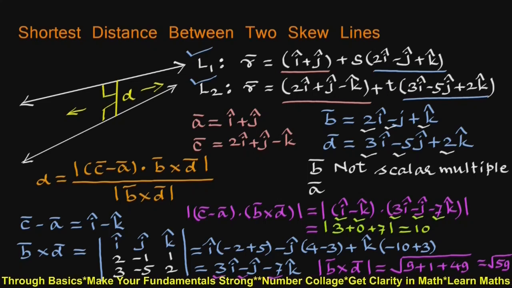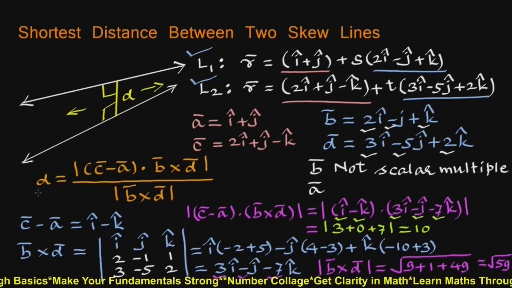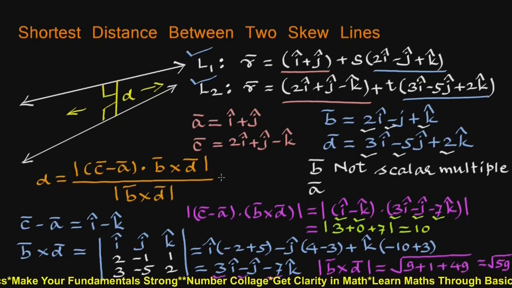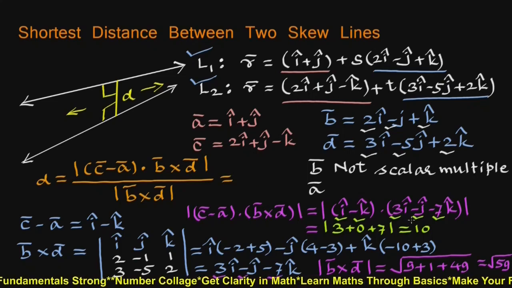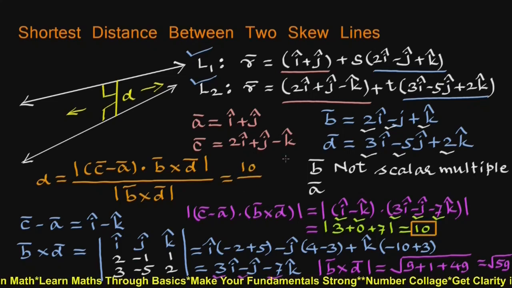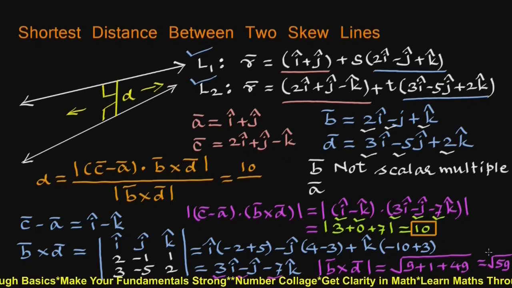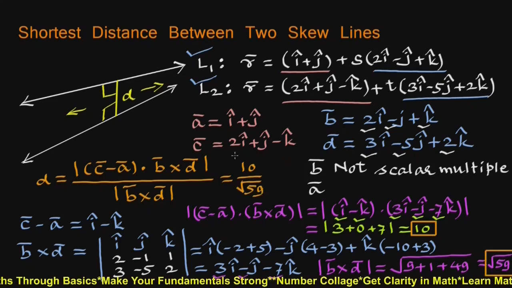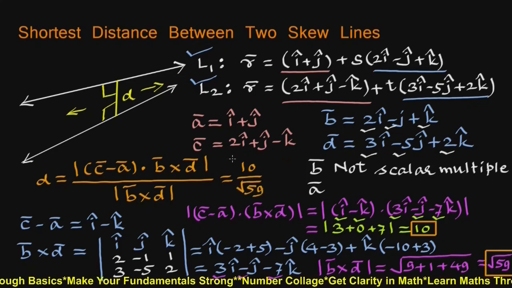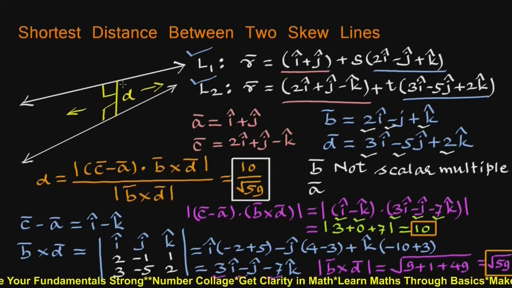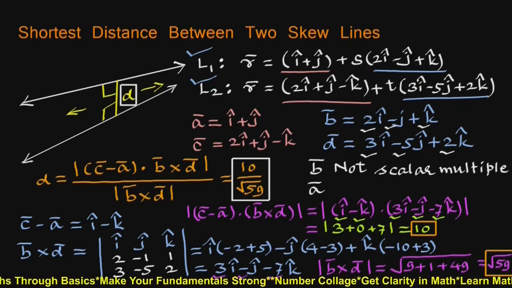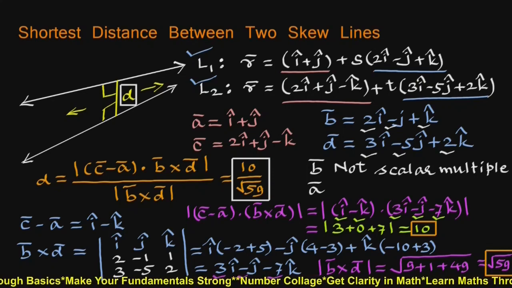Now we substitute the values to find the shortest distance D here. The numerator we got is 10 and the denominator we got is root 59. So 10 upon root 59 is the shortest distance D between skew lines L1 and L2.